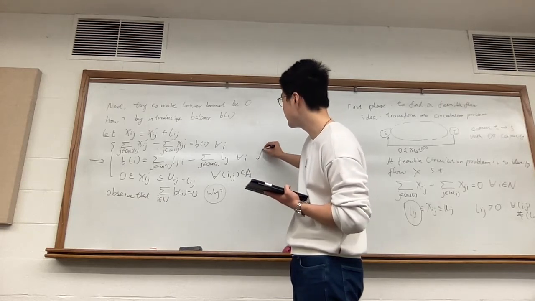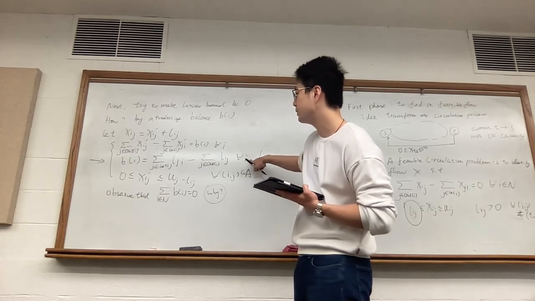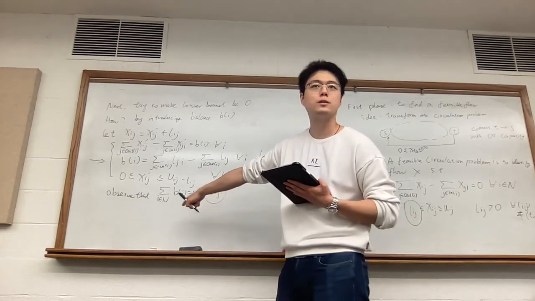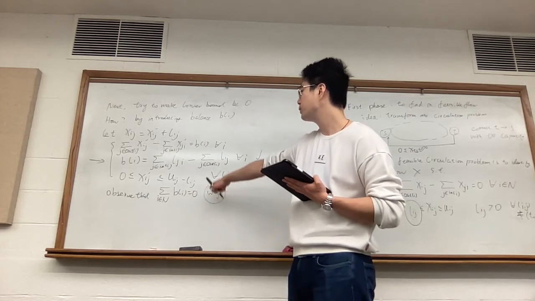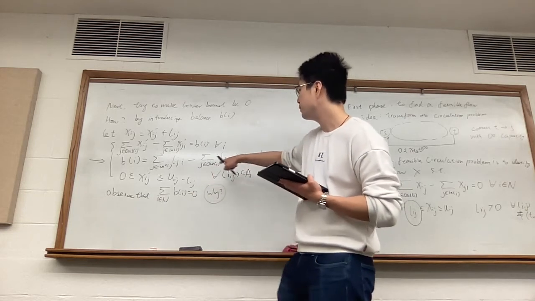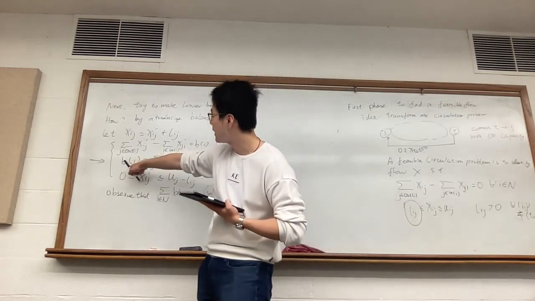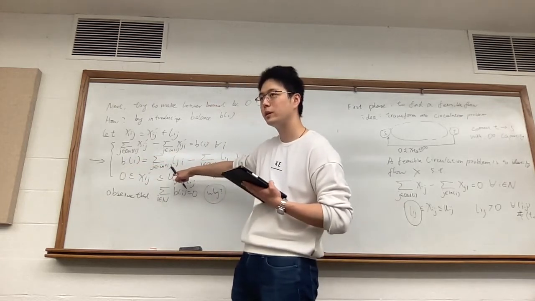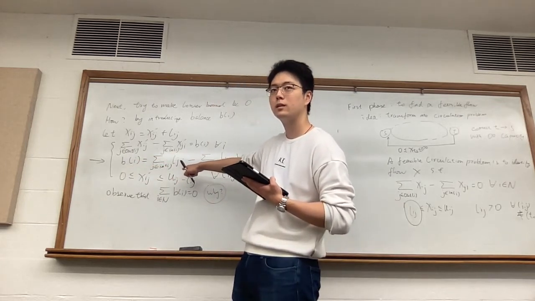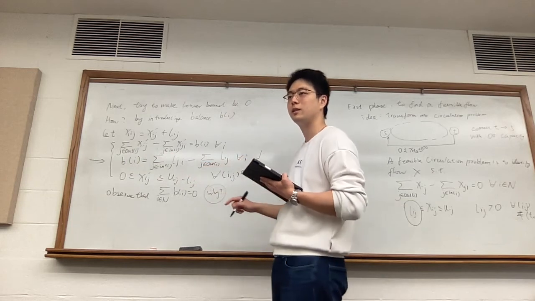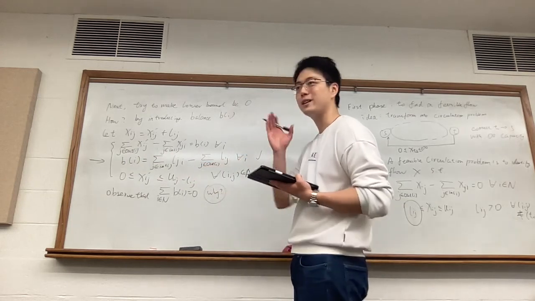Refer to this equation. What will you get if you add all the Bi up? What will happen? They'll cancel each other.